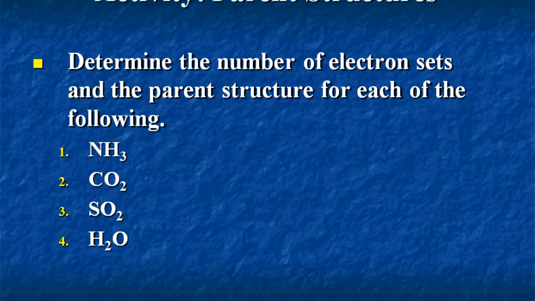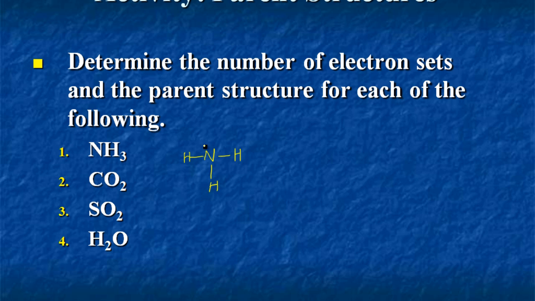So let's get it thoroughly. Let's determine the number of electron sets on each of these and what the parent structure is going to be. Start with the Lewis structure. As I said, everything starts with the Lewis structure. So NH3, 8 electrons.